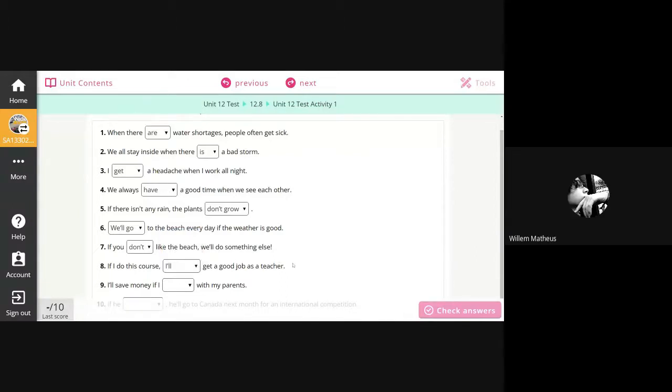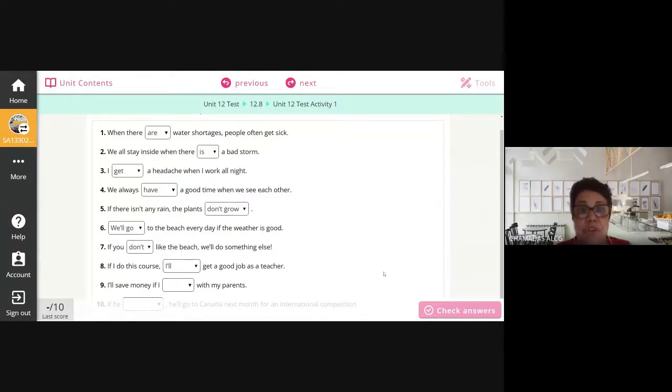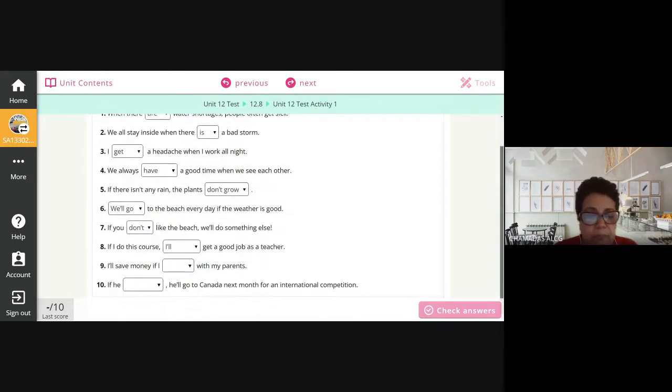I'll get. I'll get, simple future, okay? If I do this course, I have the simple present in the if clause. The result clause, I have to use the simple future. So if I do this course, I'll get a good job, okay?